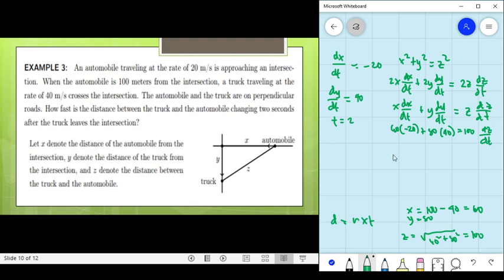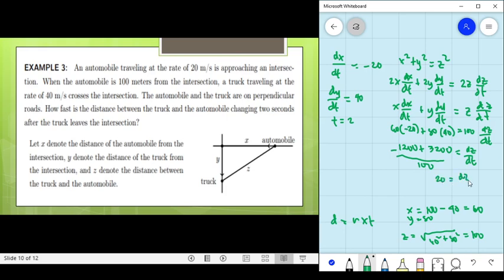So therefore, this is negative 1,200 plus 3,200, sorry, is equal to dz over dt, and this will be divided by 100. Okay, so 32 minus 12 is equal to 20.